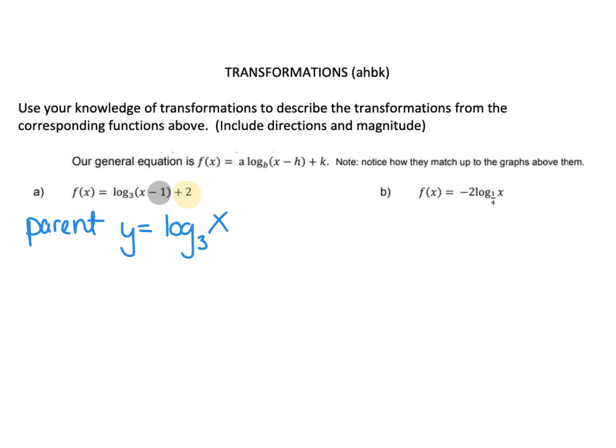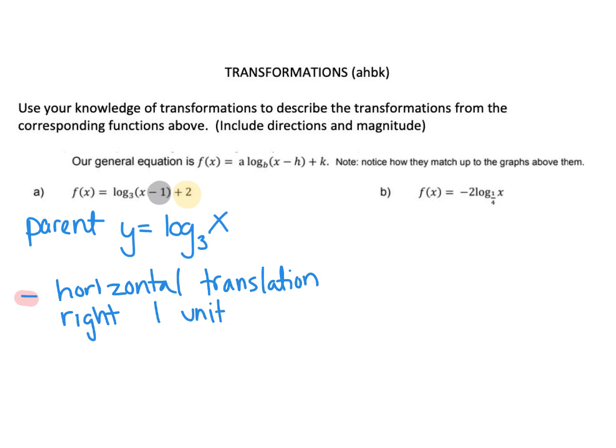That's my h and k, so I'm going to talk about my h first. That's going to be a horizontal translation or shift, and it goes opposite of what we think, so that's going to move to the right 1 unit. And then the +2 is going to do a vertical shift up 2, or vertical translation up 2.